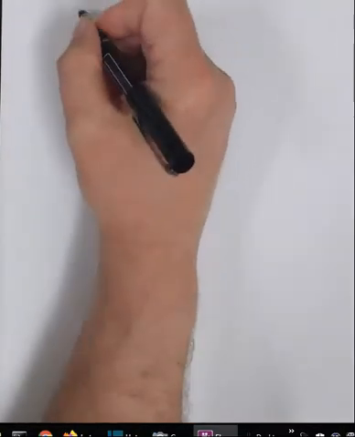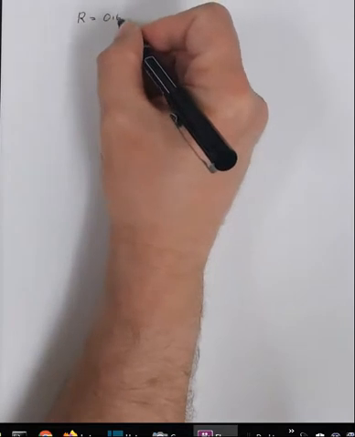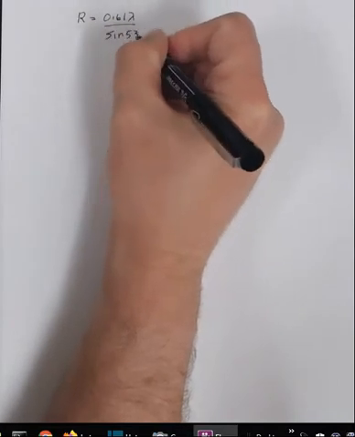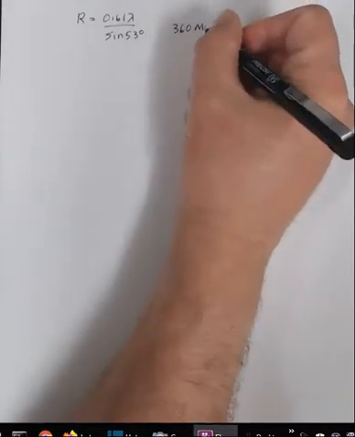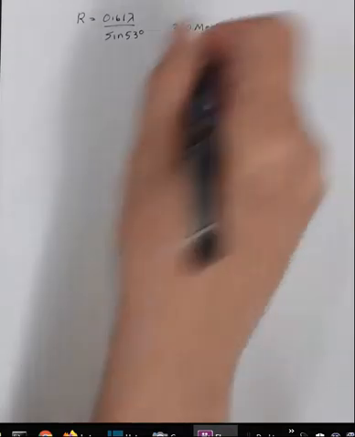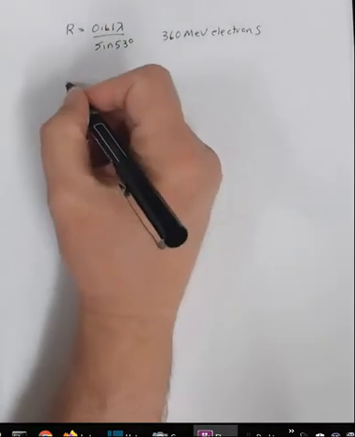So if I solve that formula, R equals 0.61 times lambda over sine of 53 degrees. This is for 360 MeV electrons. Those electrons have a de Broglie wavelength, so that's what I need to put in there.